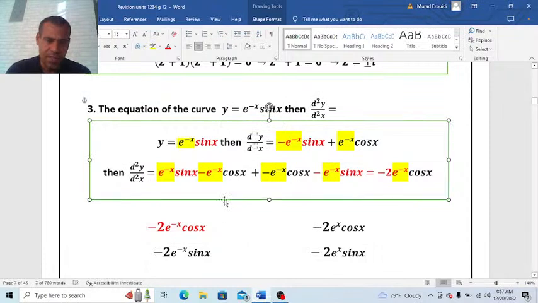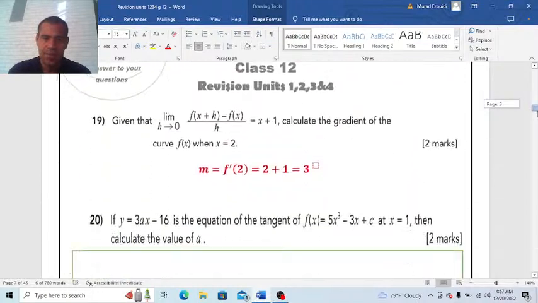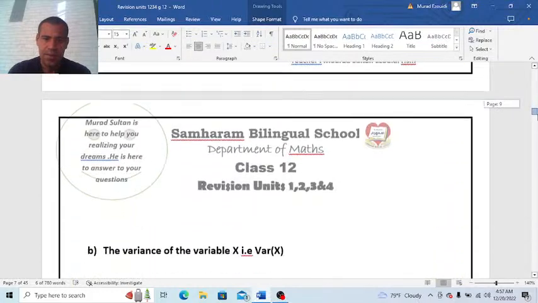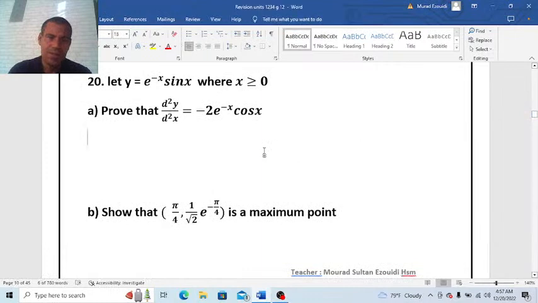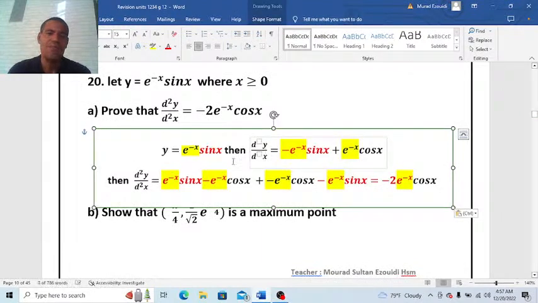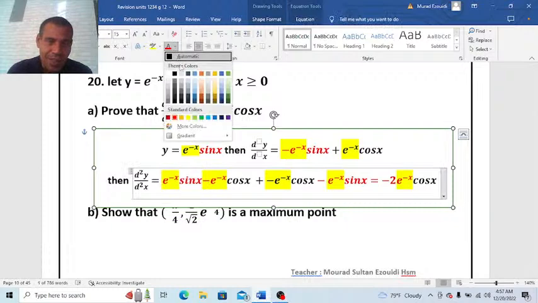I will copy this as it is. This is the proof. So this one, learners, is the solution of my equation. I really proved that. I will use blue color so it's clear for you.